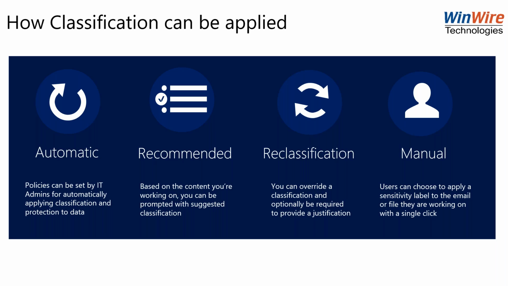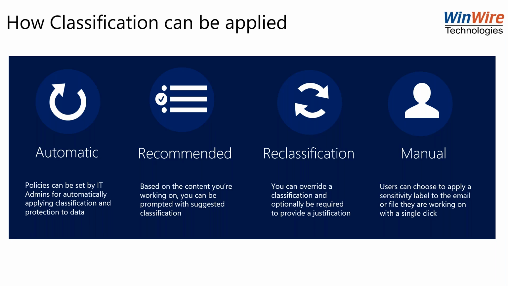So we are recommending, or there is an automatic policy applied, but the user who is editing the document feels that this may need to be reclassified as something else. So that is also a possibility, or completely manual as well. Define the policies at a global level, but let me choose as a user which policy I want to apply. So though all 4 options are available, just a simple screenshot before we switch to the demo.